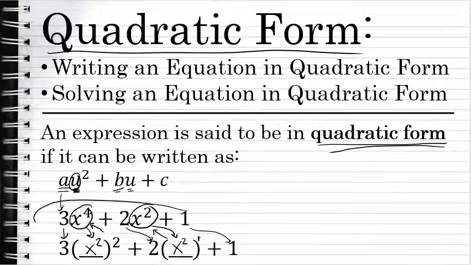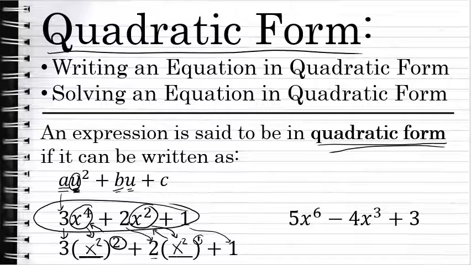I've now taken 3x to the fourth plus 2x squared plus 1 and written it in quadratic form. It's not a quadratic, but I have written it as 3 times something to the second plus 2 times something to the first plus a constant. That's quadratic form.